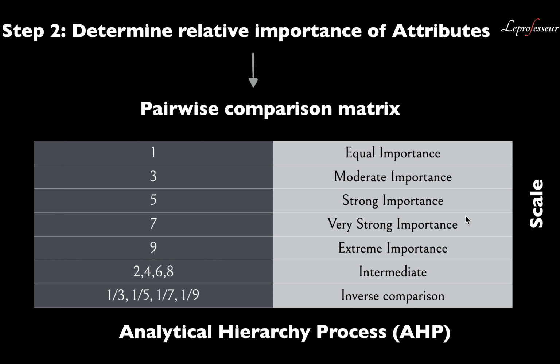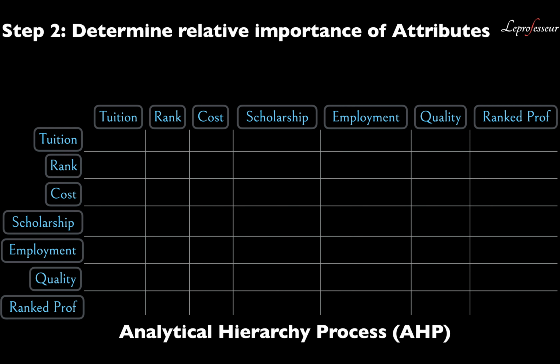You may call it a scale. So let's look at what we can do with the university selection problem. As you can see here, I have put down the criteria horizontally and vertically in a matrix form. I could use matrix notation, but to explain here, I just put it in a very simple and rough way.